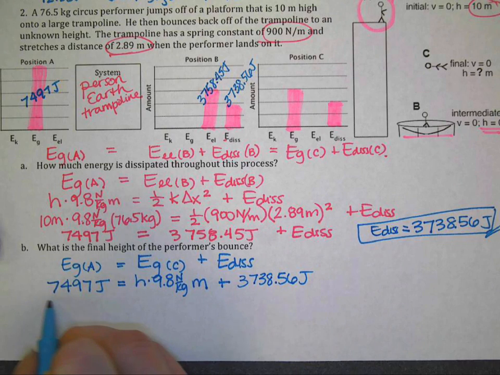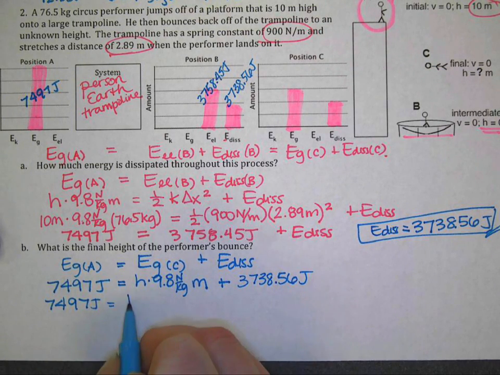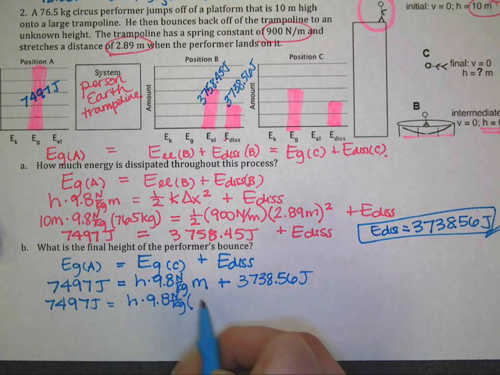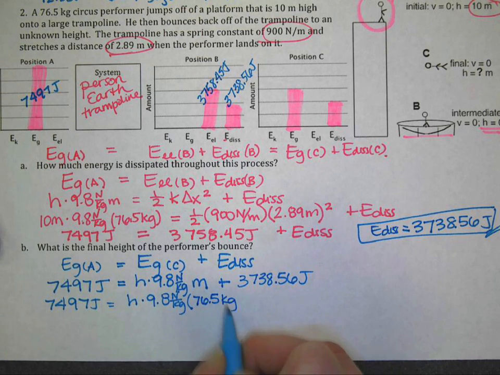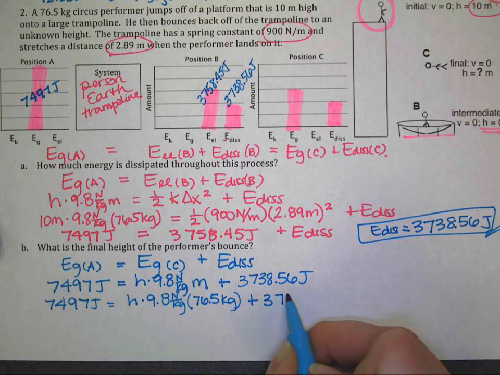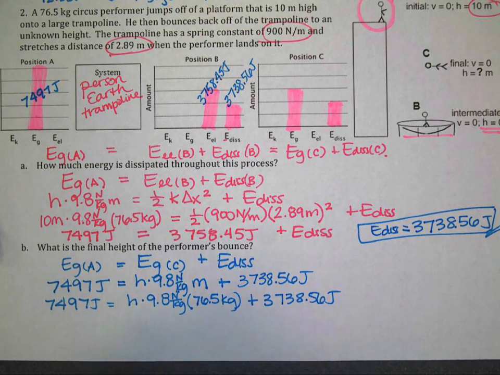We can plug in our other values: the height we're looking for, 9.8 newtons per kilogram, and the mass of the circus performer, 76.5 kilograms, added to 3,738.56 joules that was dissipated.